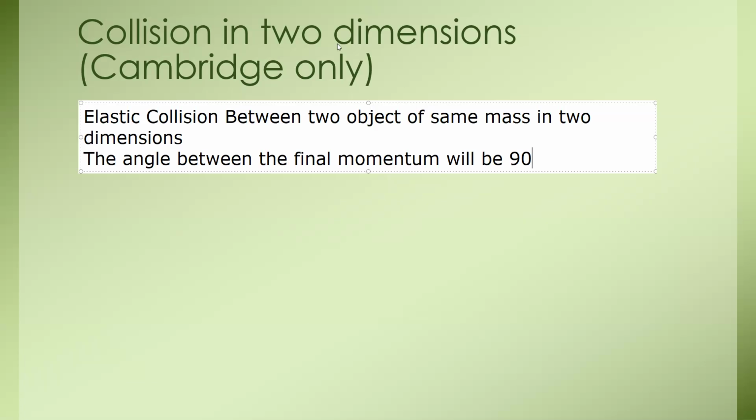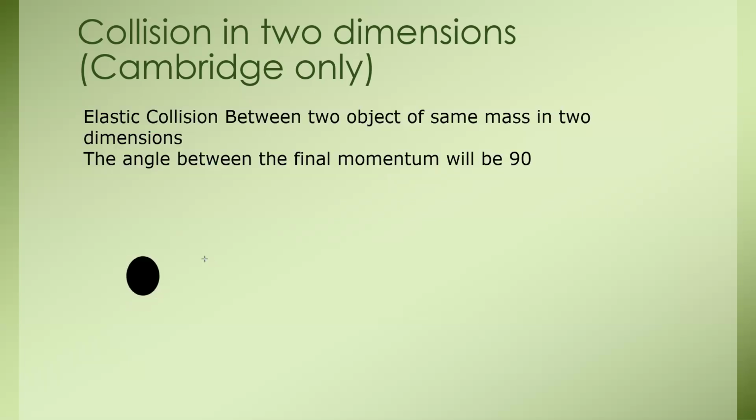For example, say we have two objects which have the same mass and one is stationary. One of them is not moving, one of them is initially at rest. This is 2 kilogram. This is also 2 kilogram. One is stationary, one is moving.